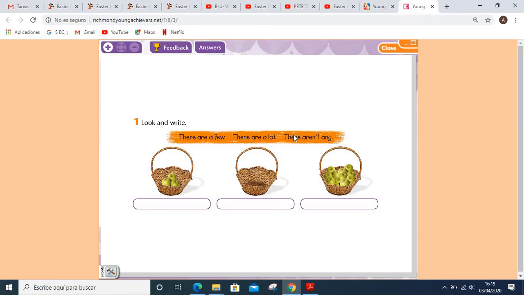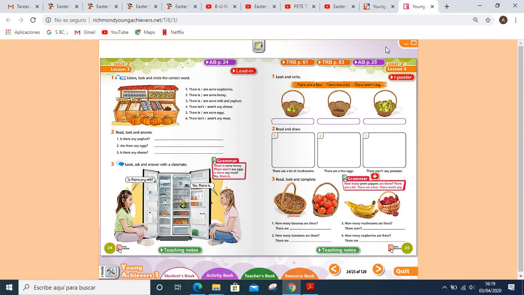Here we have 3 expressions. There are a few, there are a lot, there aren't any. So you can think about what's a few, what's a lot, and what's any. Okay? I think you can guess it. Yes, I'm not telling you anything.